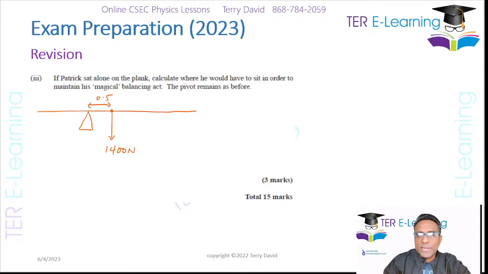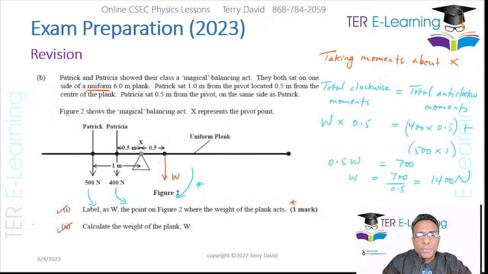Now, what happened to Patrick? Let me check the weight of Patrick. Patrick is 500 newtons, and he's the only person on the plank now. Patricia is no longer here. So he's going to have to adjust his position in order to balance this thing.